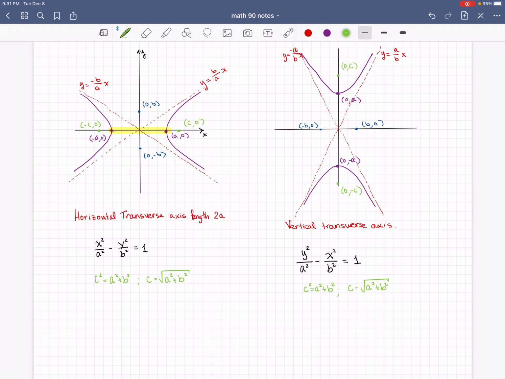The last thing that I will say here, and that's going to mostly conclude our summary, is that in much the same way that the horizontal transverse axis had length 2a, the vertical transverse axis also has length 2a.